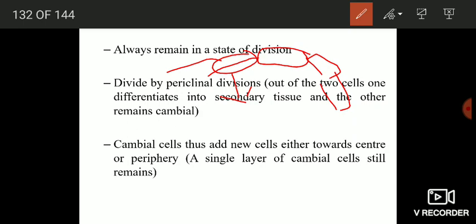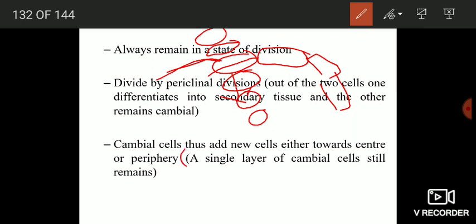The cambial cells thus add new cells either towards center or towards periphery. जो cambial cells होती है, they go on adding cells towards the outer side. यहाँ पे भी cells add करती हैं और यहाँ पे भी cells add करती है.